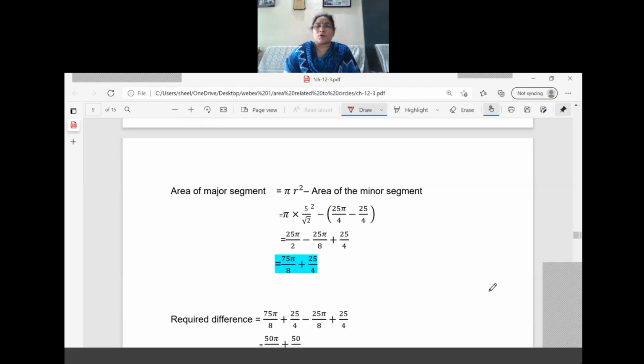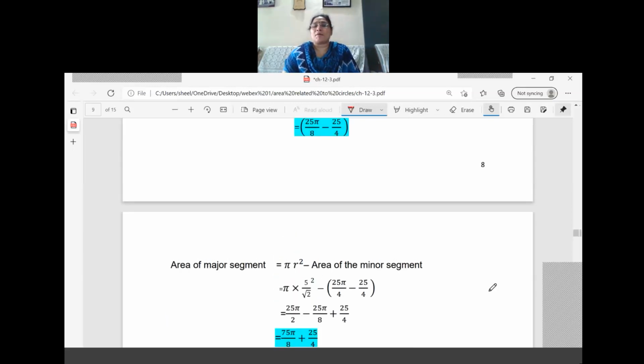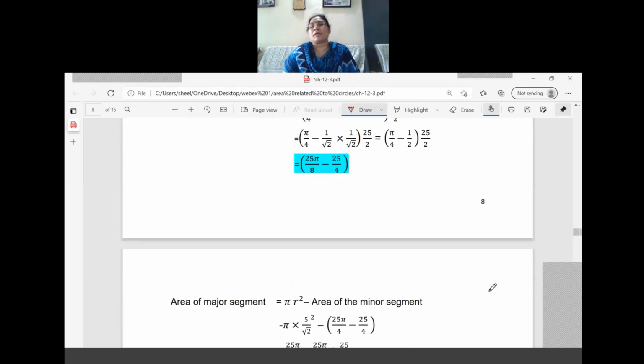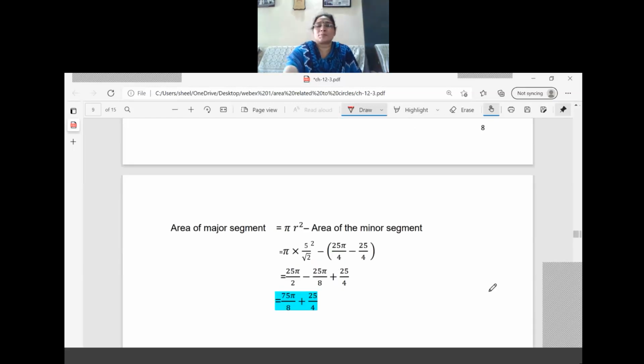We have to use the same formula only. Area of the major segment means complete area of the circle minus area of the minor segment. That means pi r square minus area of the minor segment. The area of the minor segment we previously calculated as 25 pi by 8 minus 25 by 4, that we substituted here. So minus into 25 pi by 4, and here it should be 4 only, right?